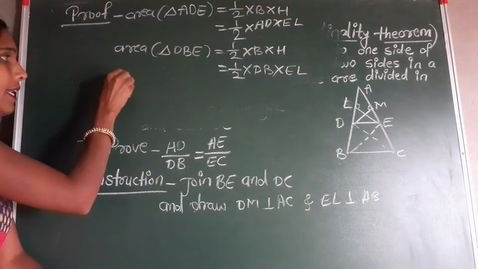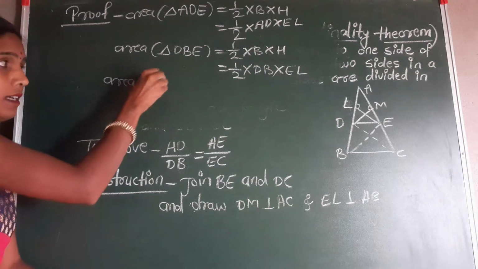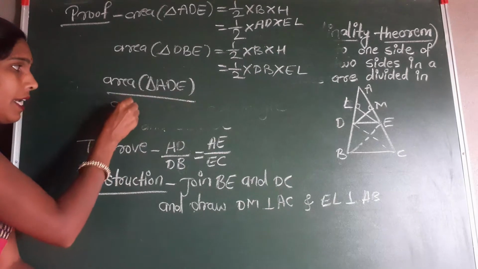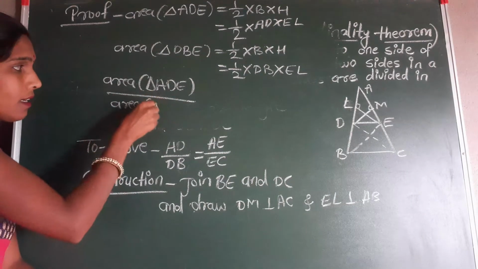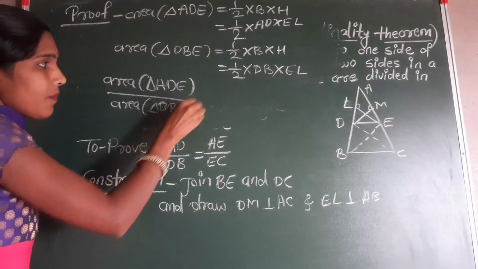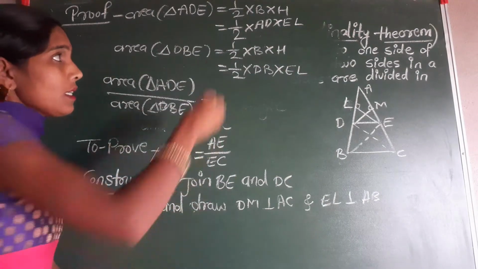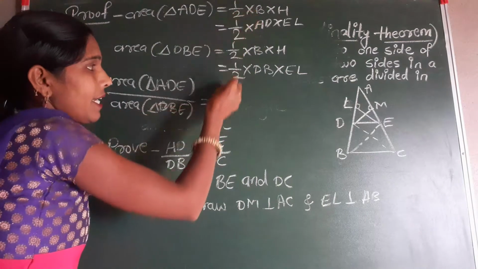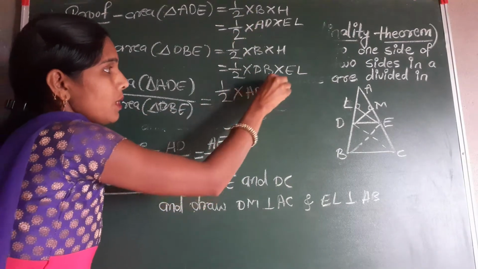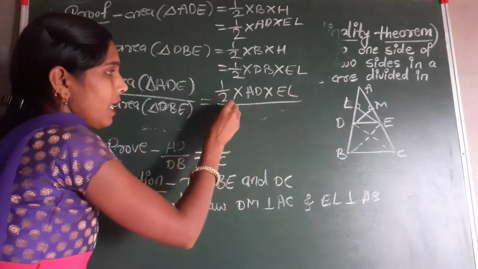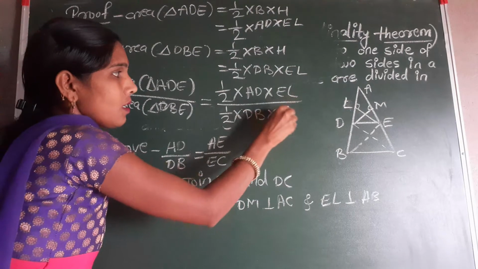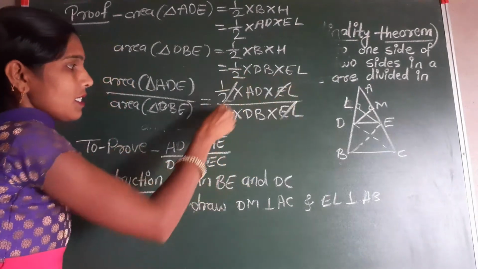Now, area of triangle ADE divided by area of triangle DBE is equal to, directly I will divide here, 1/2 into AD into EL divided by 1/2 into DB into EL. This gets cancelled.